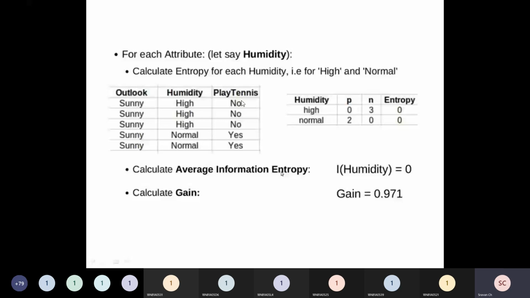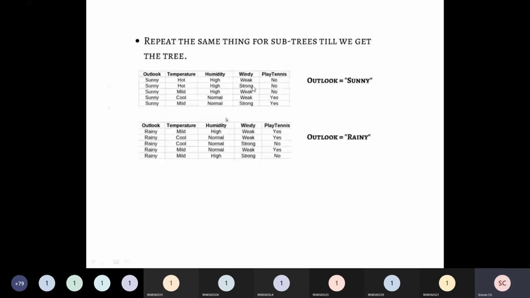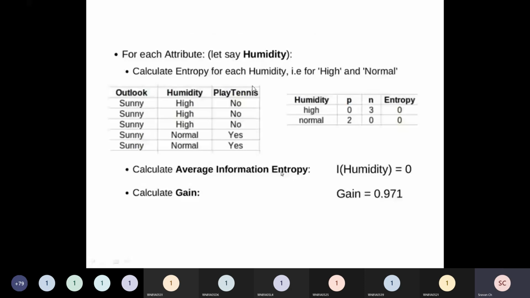Entropy can be calculated for this entire table. Now what we are doing is, I am trying to calculate the I value for my humidity parameter. For humidity there are 3 high values, 2 are normal values. So again calculate entropy. When humidity value is high, what is the entropy? When humidity value is normal, what is the entropy?